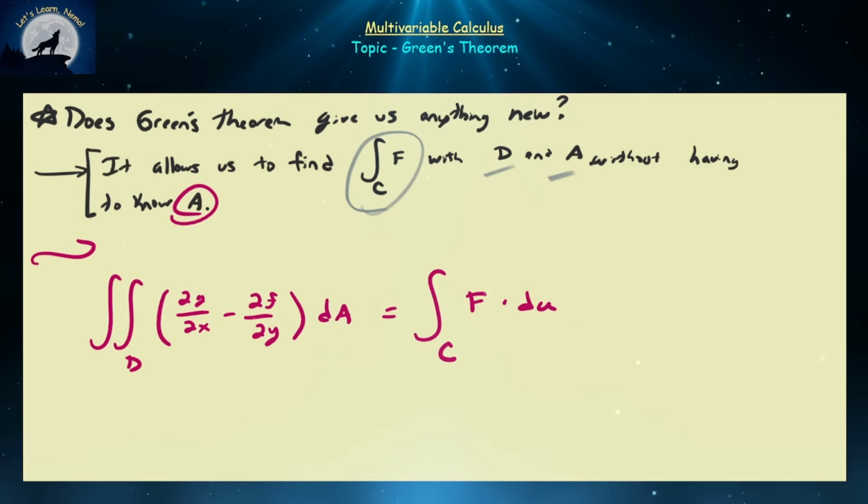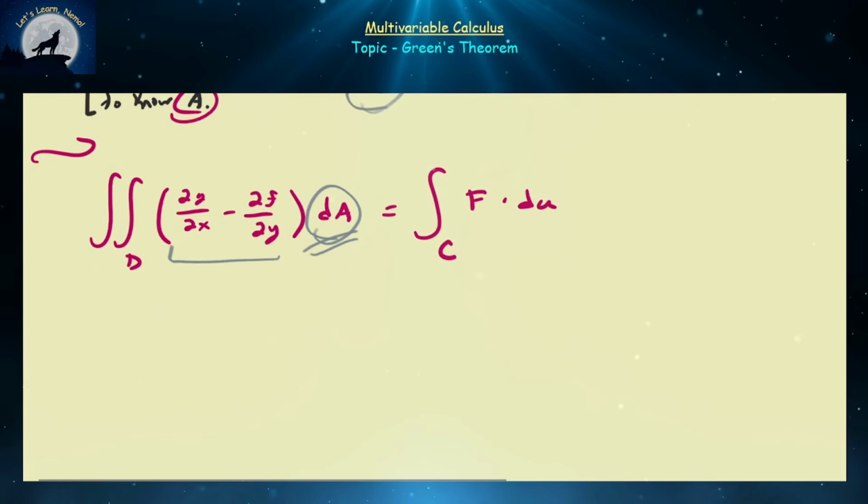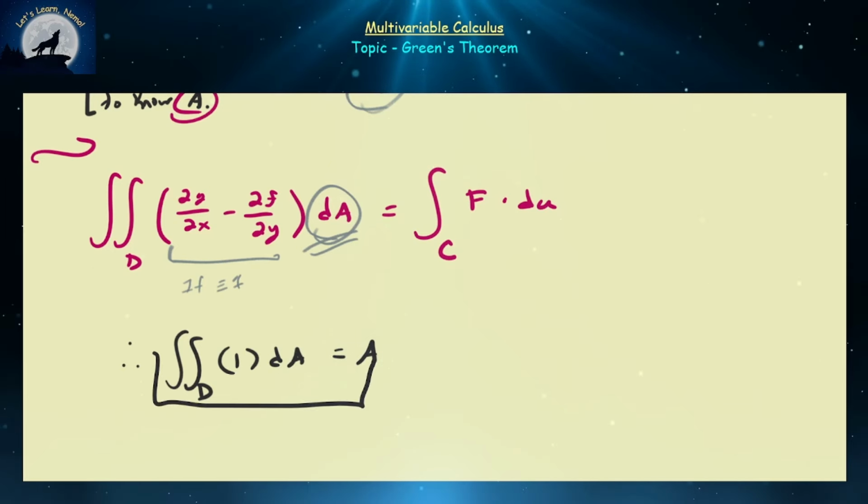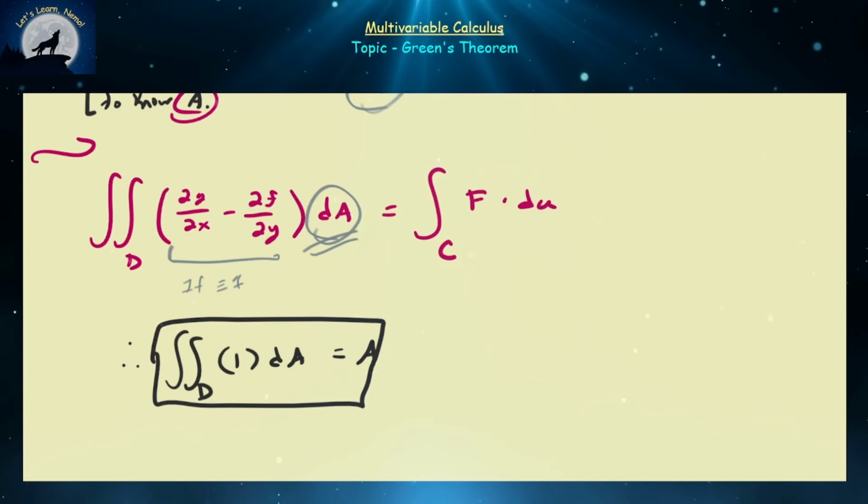But the only thing in this story that we really care about now is how to solve this equation for A. Well, if this part was identically equal to 1, then the double integral over any region D of 1 dA will just be equal to A, right? So all we would really need to do is to find some function f and g that satisfies this partial differential equation that gives us that particular area A, right?